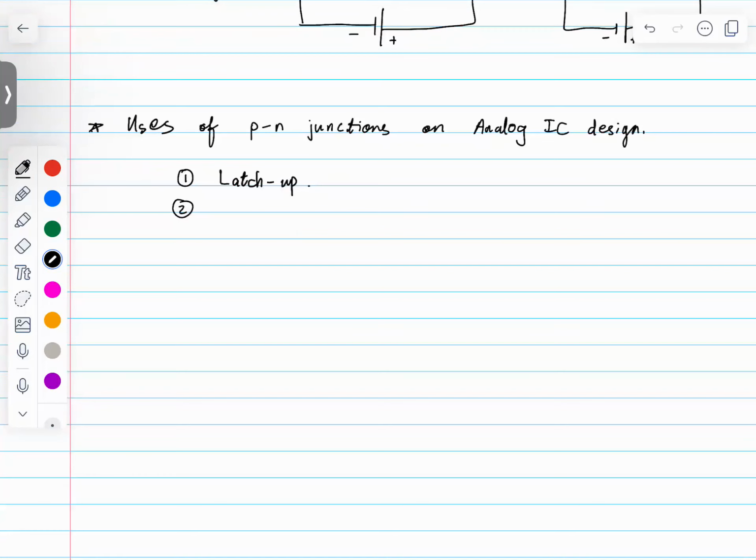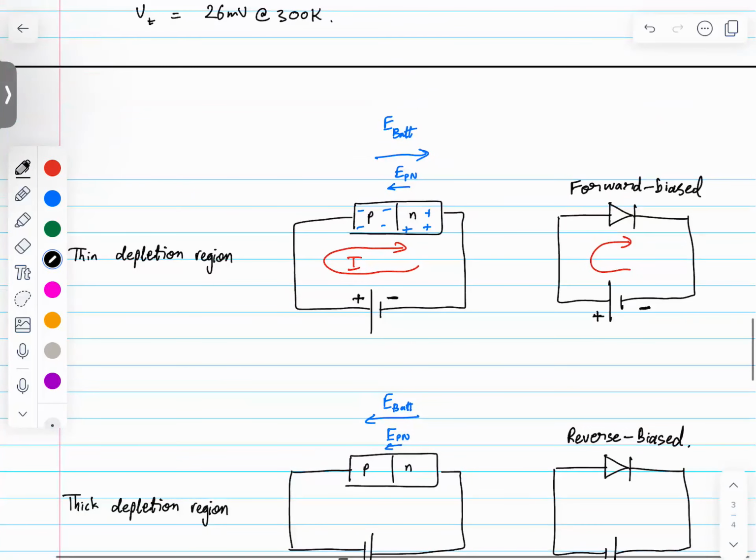One other place where we make use of a PN junction is a varactor. If, let's say, you're designing a VCO, you want variable capacitances, you could use a PN junction. The reason for that is, again, depending on the potential across the diode, the depletion region width can change.